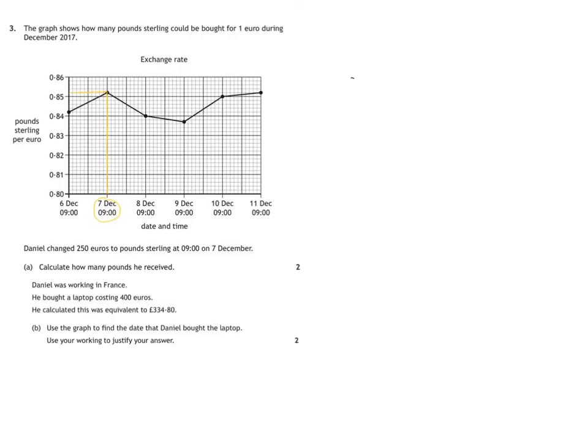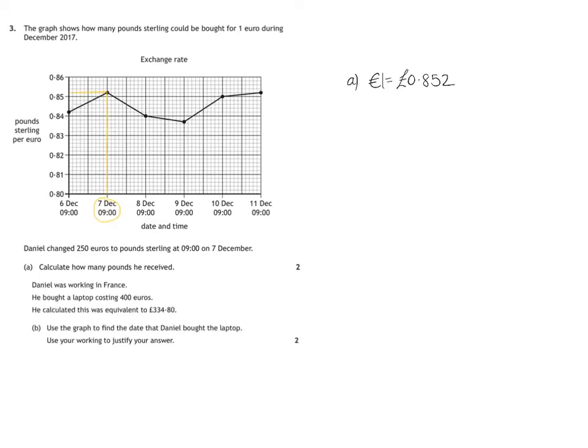So we know for A that €1, oh no, it's not £1, it's €1, excuse me. So we know that €1 is equal to 0.852 pounds. So let's see what we've got.